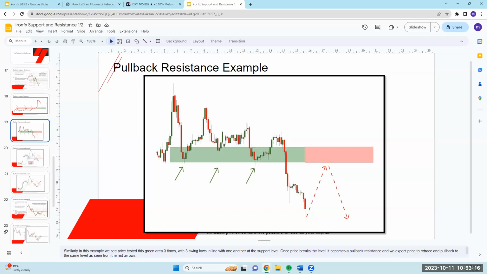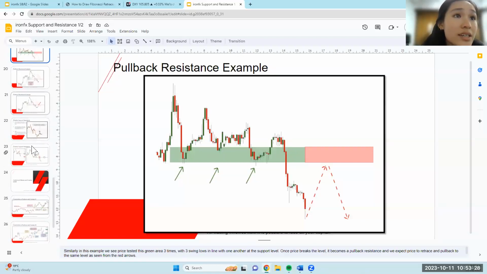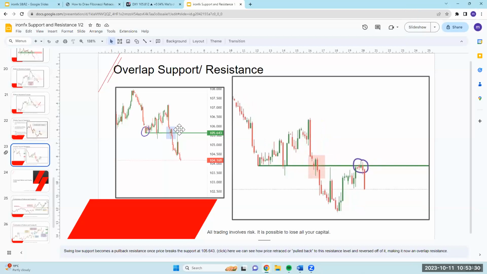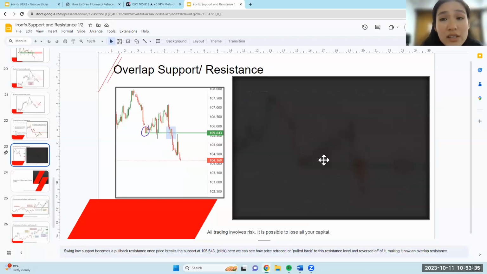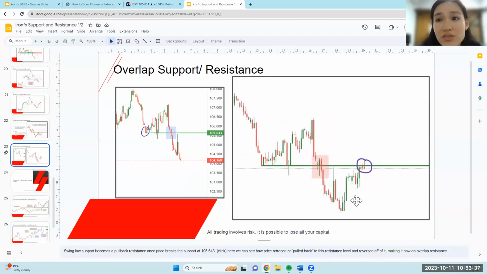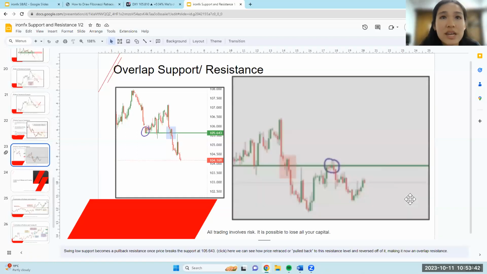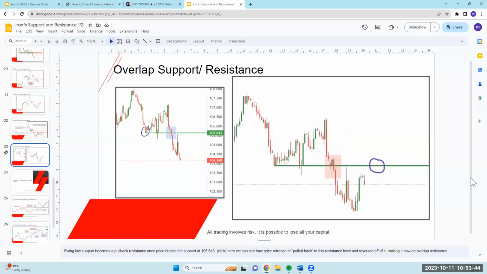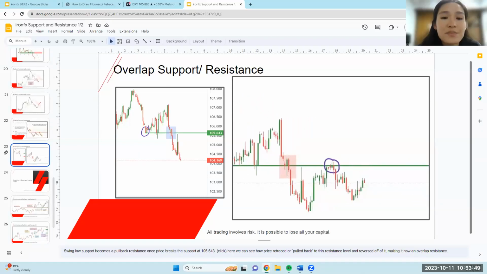Once price reverses back to that, it then becomes an overlap. So in this example, it's a pullback, and if you look at the GIF, once it returns to that level, it becomes an overlap.